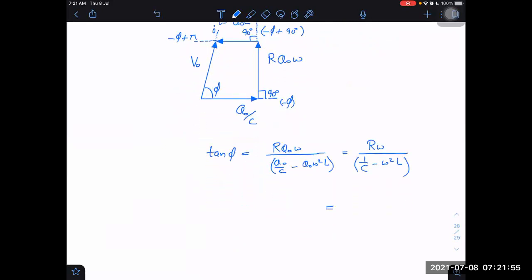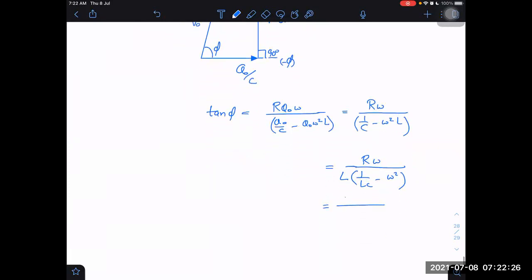Yes, sir. Which I can write also as 1 by LC minus omega square, and here I have to write R by L. I have taken L outside, so it will become L outside, right?